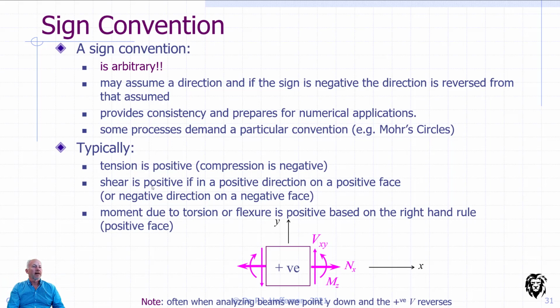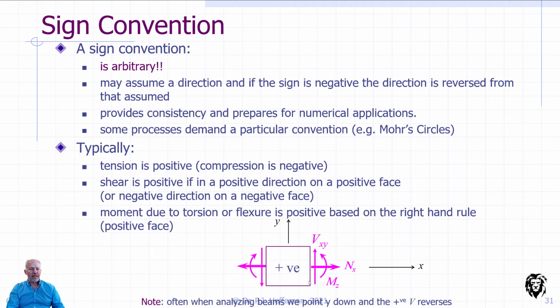Tension is positive. Shear is positive if on a positive direction on a positive face. We're going to talk a lot more about that when we get into direct shear and everything else. But this point, which is represented by this cube, exists at a point, and the positive face is the face that's on the positive side of the axis that it's perpendicular to.